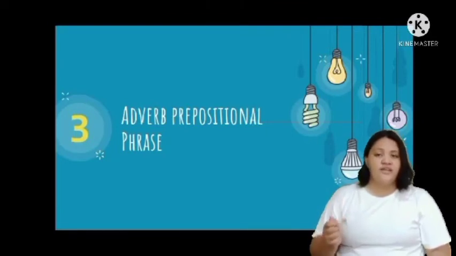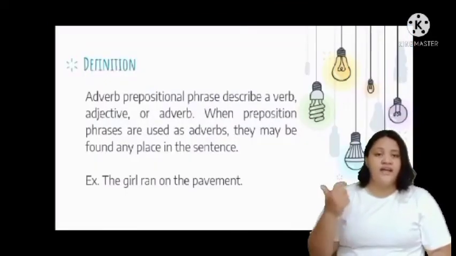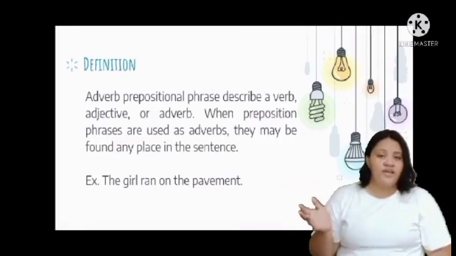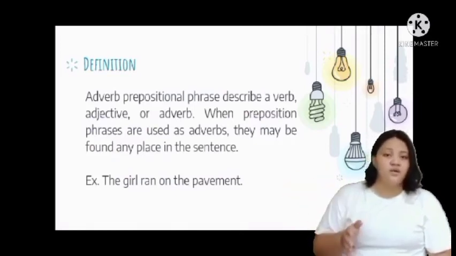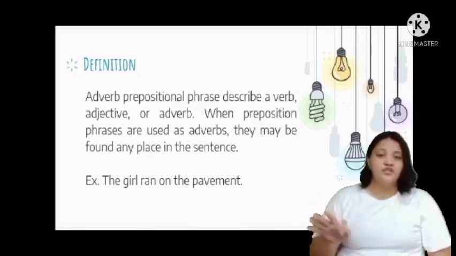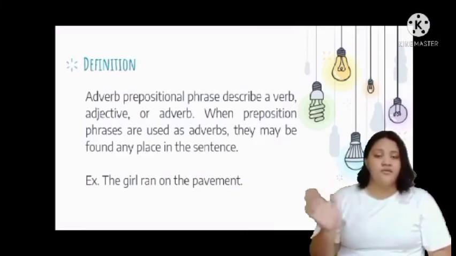An adverb prepositional phrase describes a verb, an adjective, or an adverb. When prepositional phrases are used as adverbs, they may be found in any part of the sentence. So, unlike an adjective prepositional phrase, it does not immediately follow the noun or pronoun that it describes or modifies. An example of this is "The girl ran on the pavement." The prepositional phrase here is "on the pavement," and it describes the verb ran.